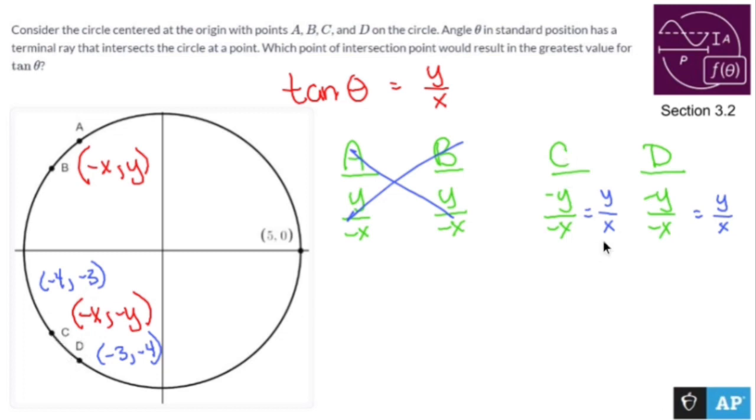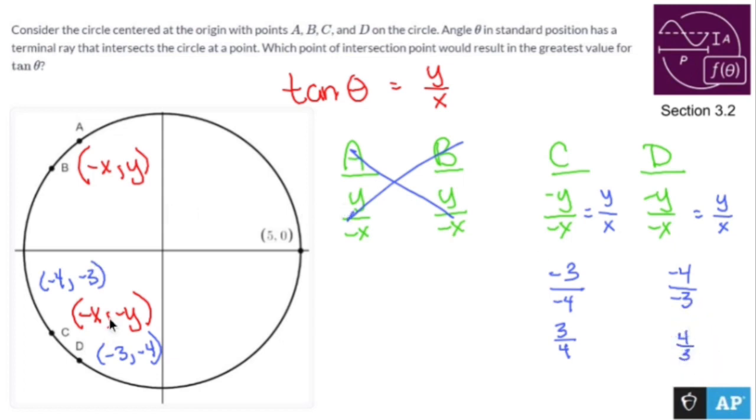That would make C -3 over -4, which becomes 3 over 4. That would make D -4 over -3, which is 4 over 3.